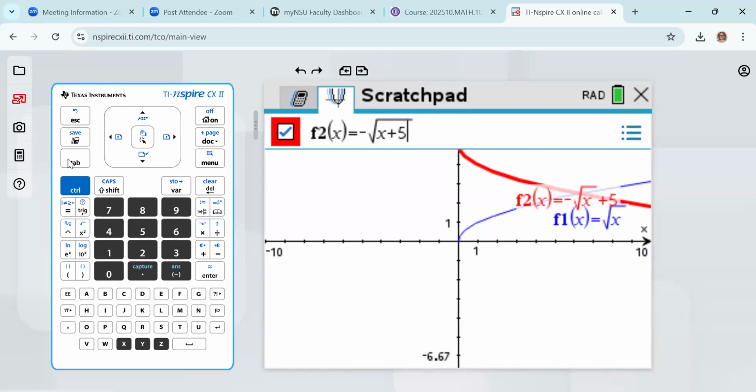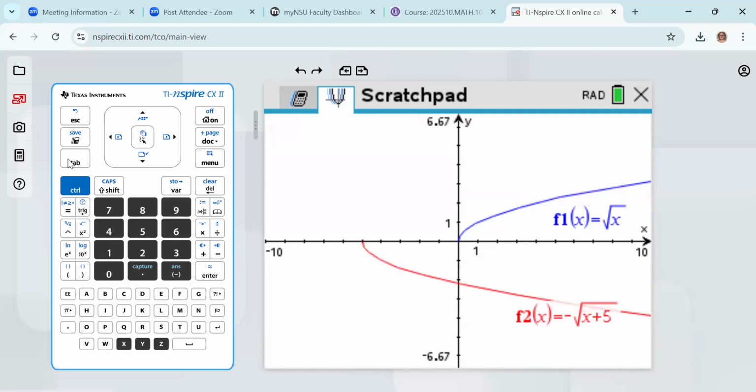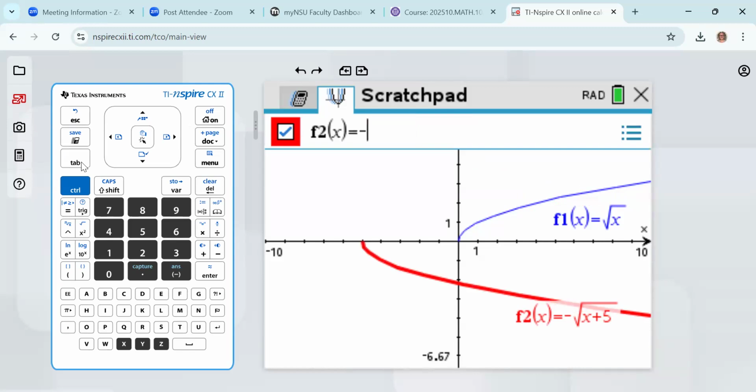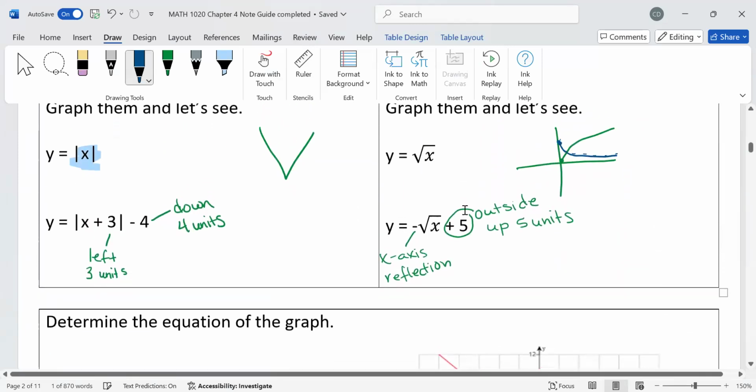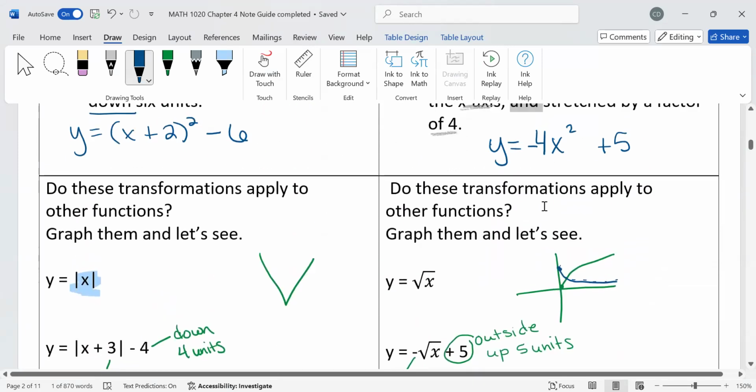If you forget to come out, if you end up underneath the square root, that moves it to the left or right. So it's really important that if it's outside, you arrow to the right and then put in the rest of it. Okay, big difference there. And on your homework, you'll have different ones. So the same transformations are going to apply, but you may have some different functions.